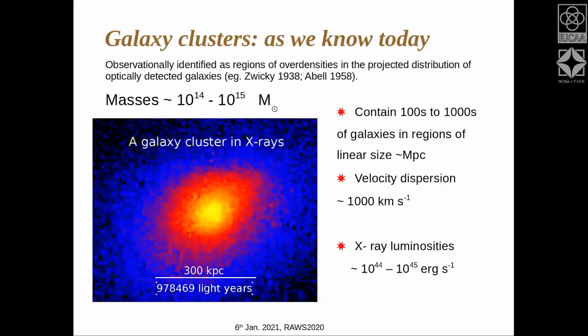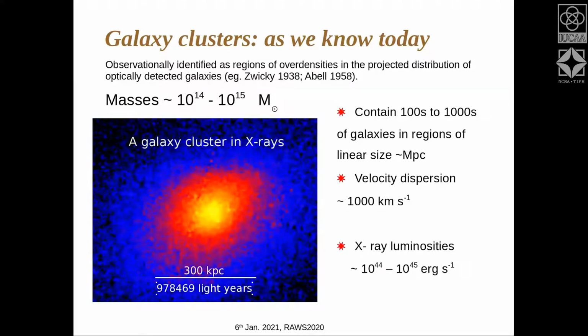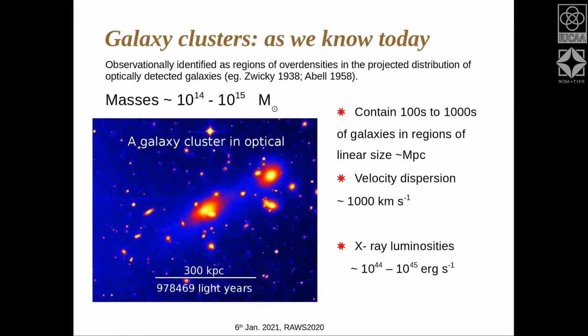So these galaxies are moving really fast in this cluster potential, and the galaxy clusters also contain diffuse gas. So apart from galaxies, there is a huge amount of gas surrounding these galaxies. In this picture here, you see the same galaxy cluster in optical and X-rays being blinked.